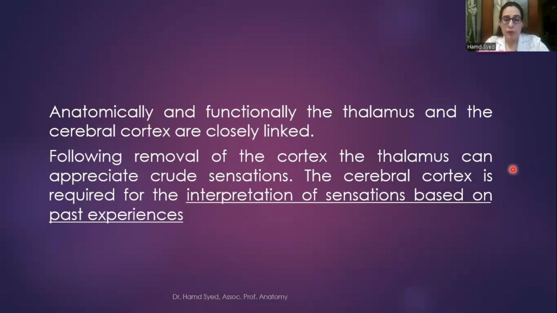An example of this would be that if the cerebral cortex is removed, but the thalamus is still present, and a hot object is placed in the hand of a person, the person can perceive that an object has been placed in their hand, but the size of the object, the temperature of the object, these details cannot be perceived because the cerebral cortex has been removed. So crude perception is there, but the interpretation of that sensation is not present.